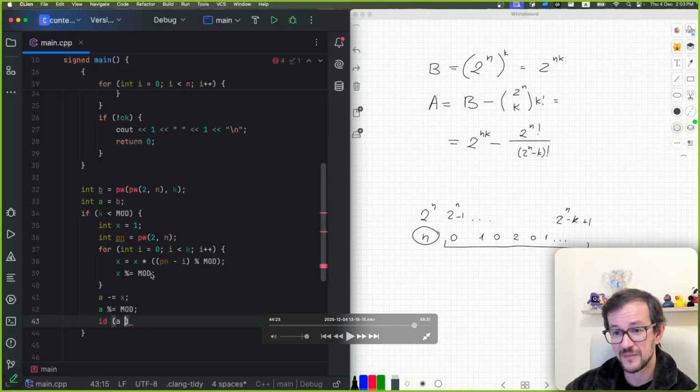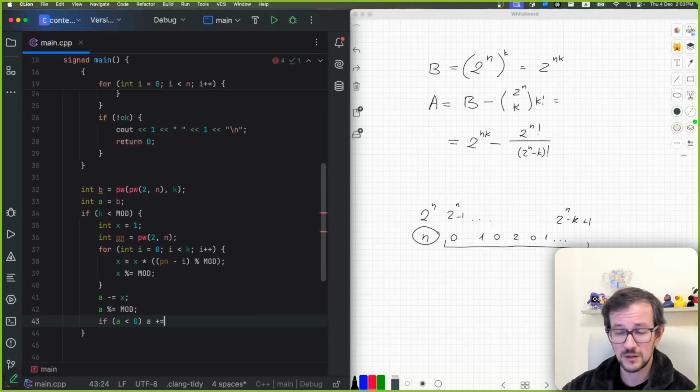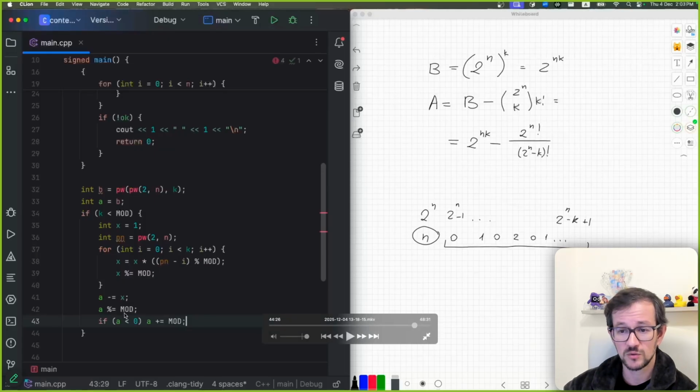I try to be very careful so that I don't make any integer overflows. Still, in the end I have some negative numbers here. Sometimes if you calculate modulo of negative numbers, you get a negative number in the end. So in the end, I check if it is negative and add mod, because of how modulo works in C++. I just am extra careful here.